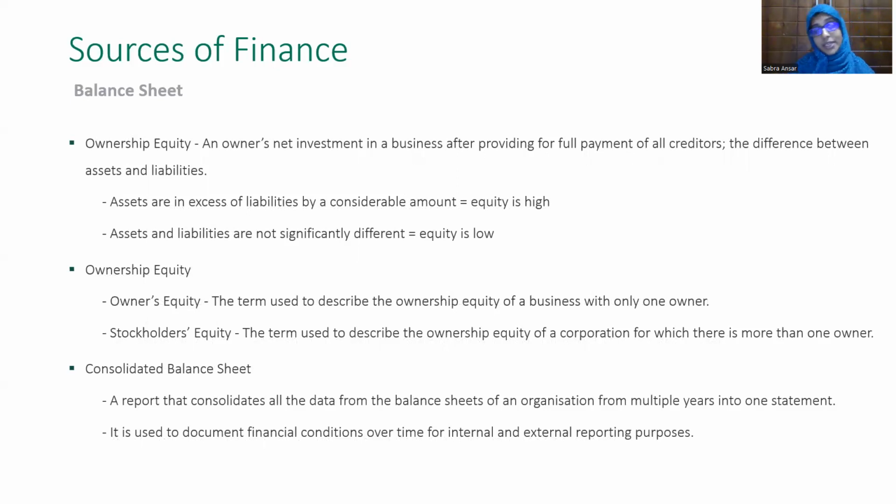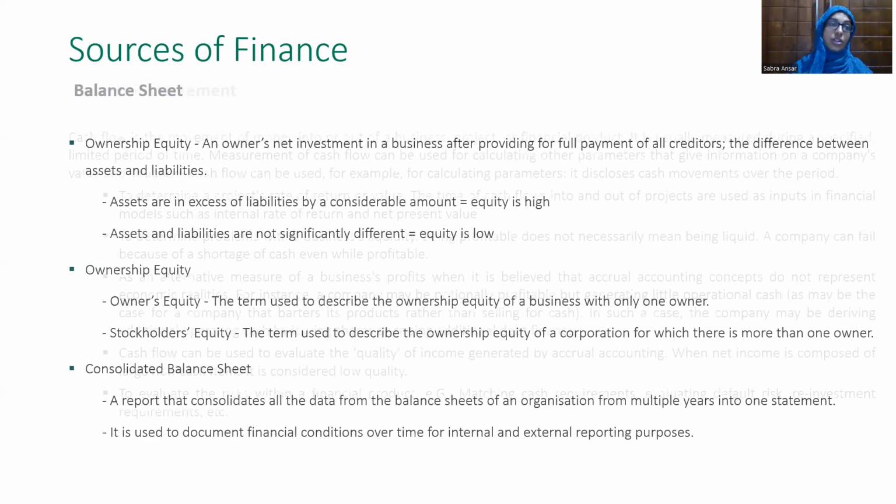When it comes to the consolidated balance sheet, this would generally be for an organization, a set of organizations actually, which has a few companies, and all these costs and assets will be consolidated into one particular accounting section.